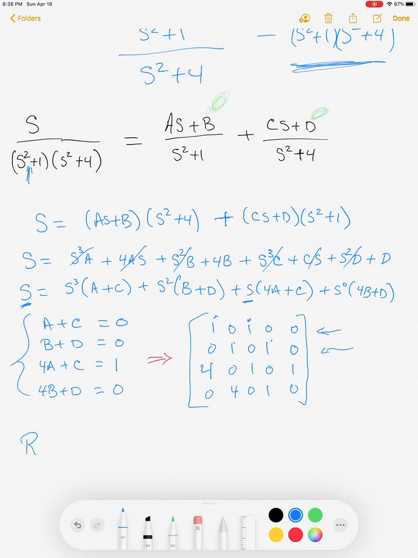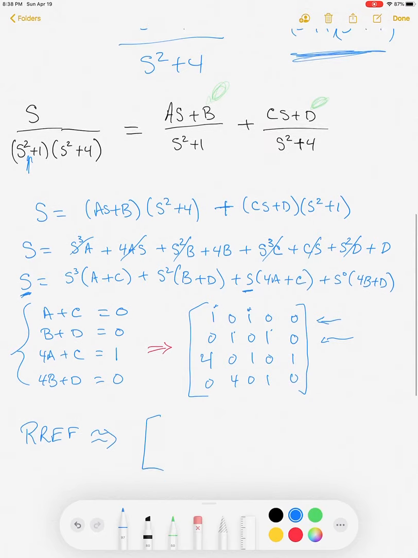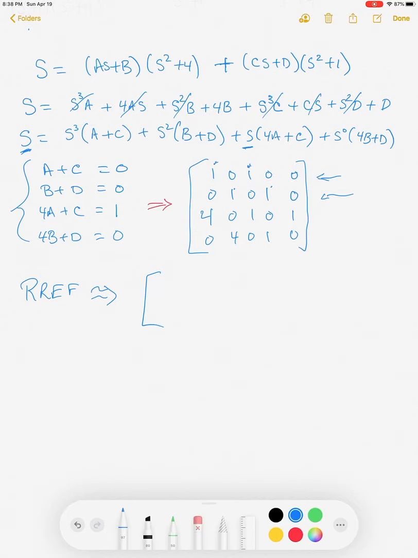And I put that system into reduced row echelon form. And when I got that, I ended up with the system. Let me copy it down here. 1, 0, 0, 0, a third, and then 0, 1, 0, 0, 0, and 0, 0, 1, 0, minus 1 third, and 0, 0, 0, 1, 0.